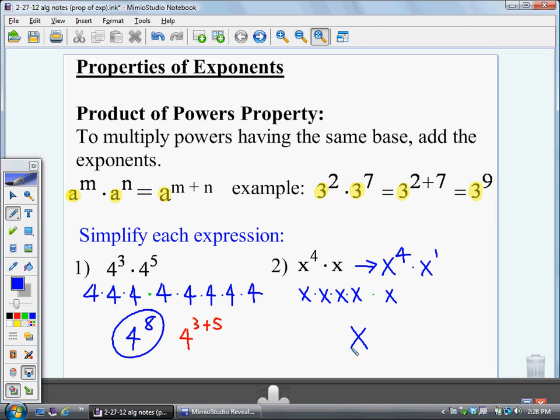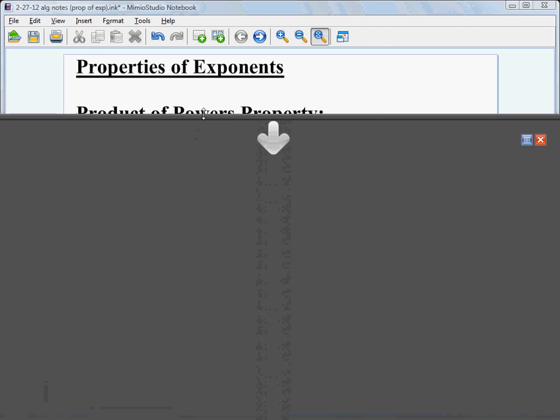So I could write x to the 5th power. And then the product of powers property says we can take the x and take 4 plus 1, and 4 plus 1 is 5. So those are a couple of simple ones. We'll do a little bit more difficult ones now.